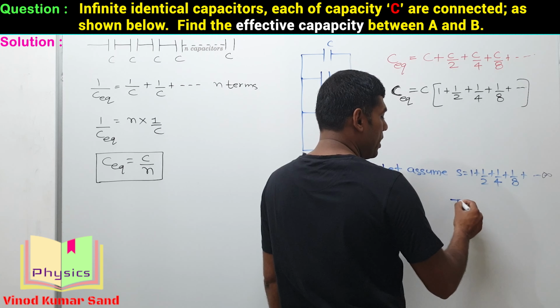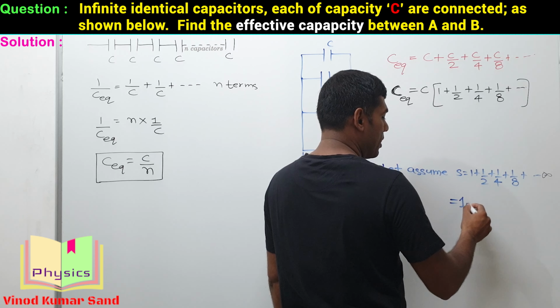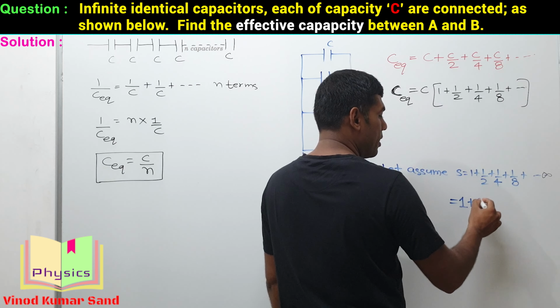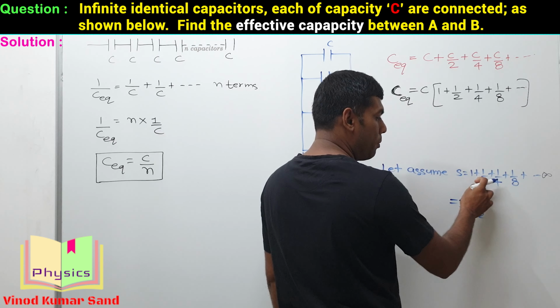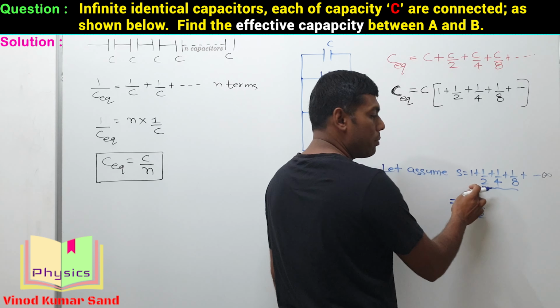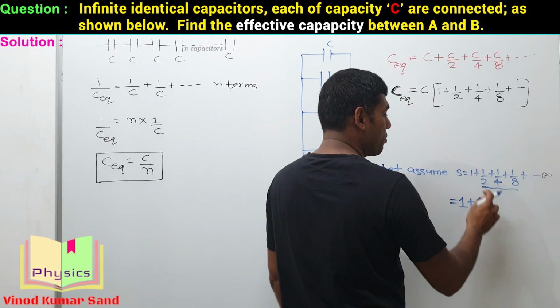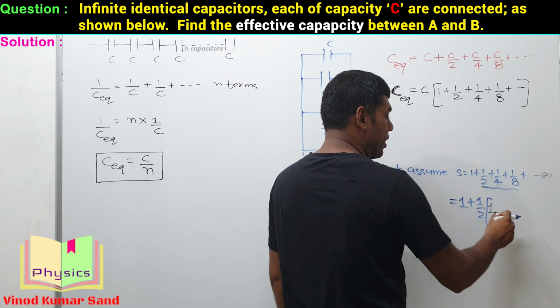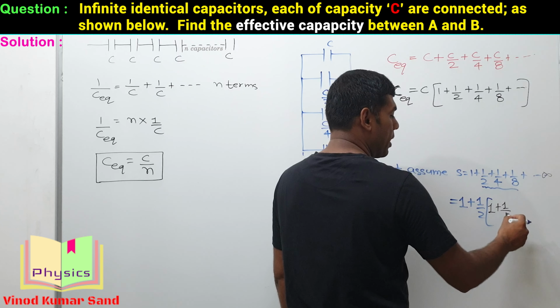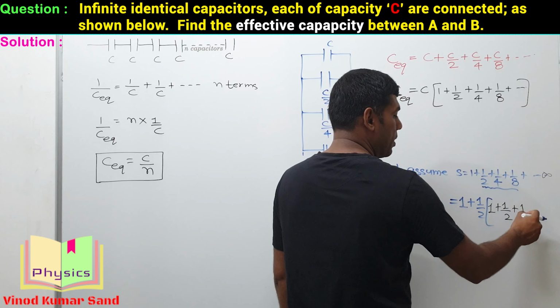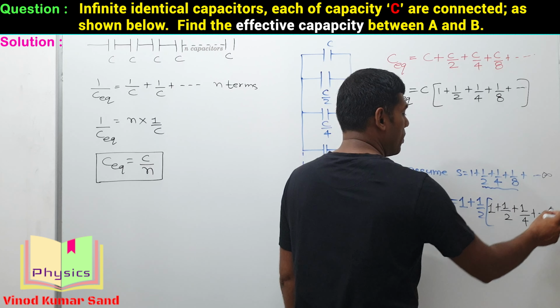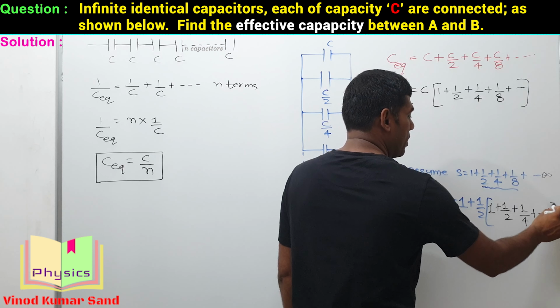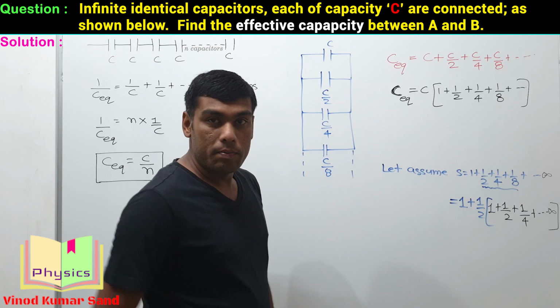And then from here, I am taking the data like this, 1 plus 1 by 2. From here, I am taking 1 by 2 common. Then what I am left with, this will be 1, here will be 1 by 2, then it will be 1 by 4, and so on, up to infinity. Agree?